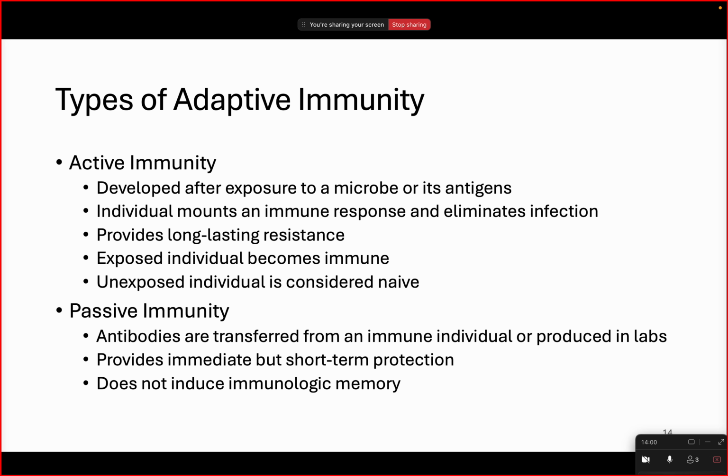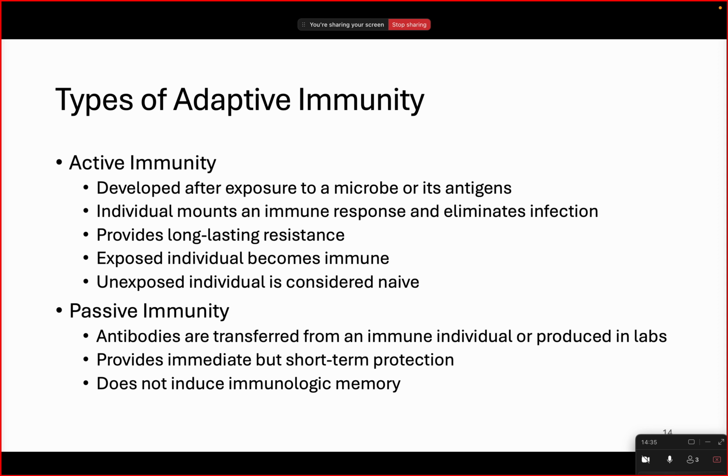if we look at adaptive immunity, what is it? It is developed after exposure to a microbe or its antigens. Okay, what is passive immunity? In passive immunity, antibodies are transferred from an immune individual or produced in the labs. Active immunity means I am giving you the microbe or a part of the microbe, or a protein or part of a protein, or say RNA which might make the protein.